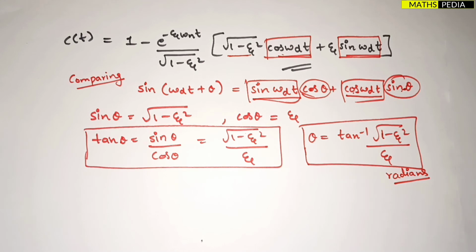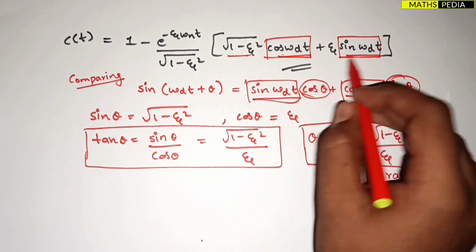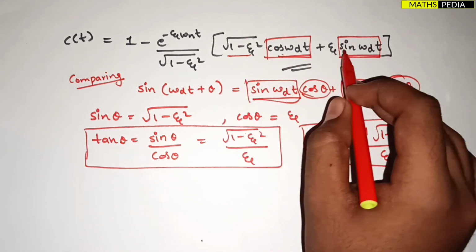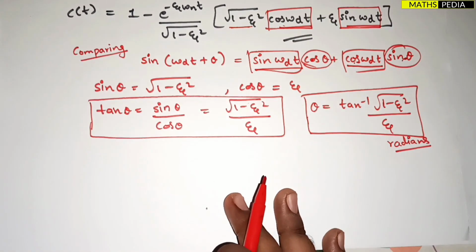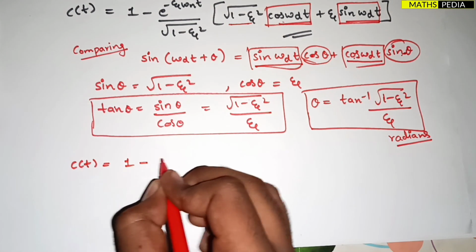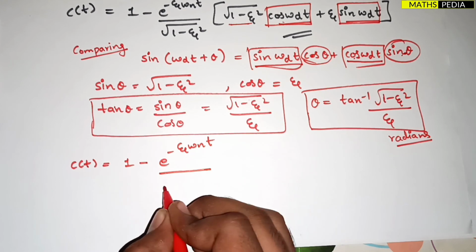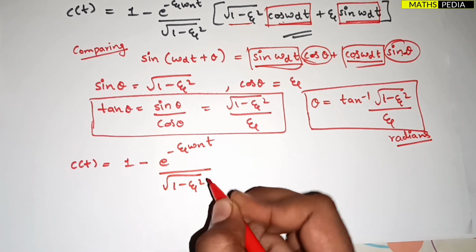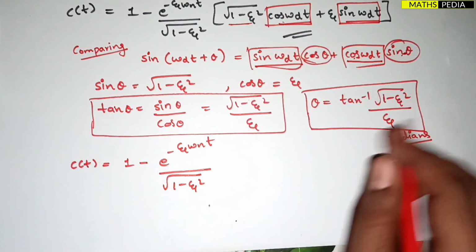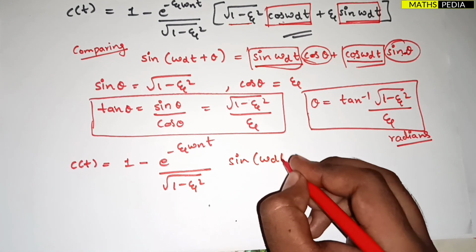Okay, now what will happen now? This whole thing, can I replace it as, see here, c of t is equal to 1 minus e power minus zeta omega n t by square root of 1 minus zeta square into this whole thing. I'll write it as sine omega d t plus theta.